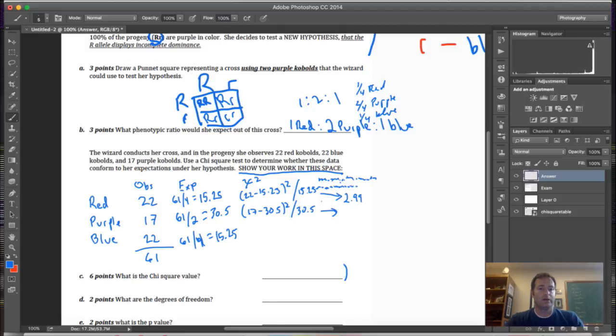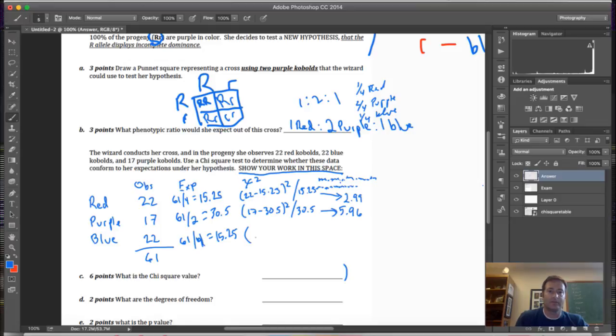Divided by 30.5. So this gives me essentially 5.96. Hope I'm doing this right. Okay. And then this one actually turns out to be the same as the other.